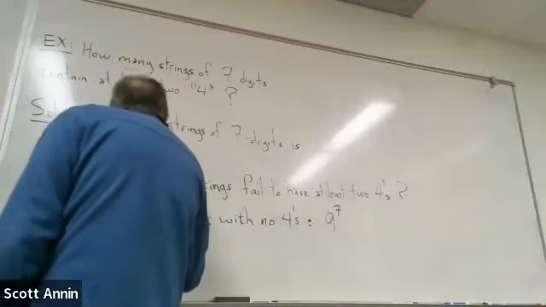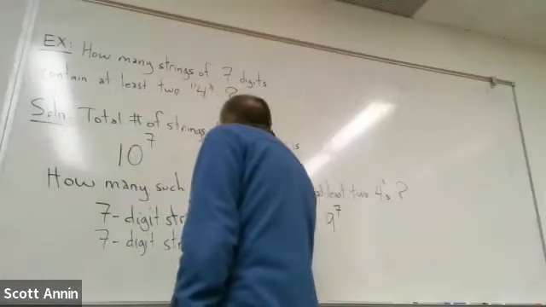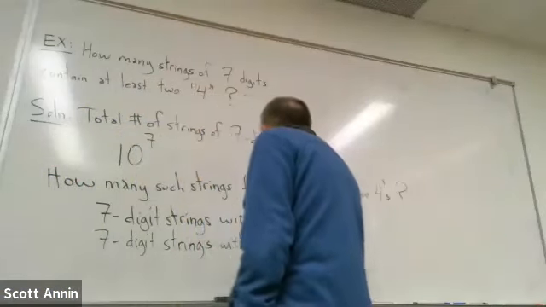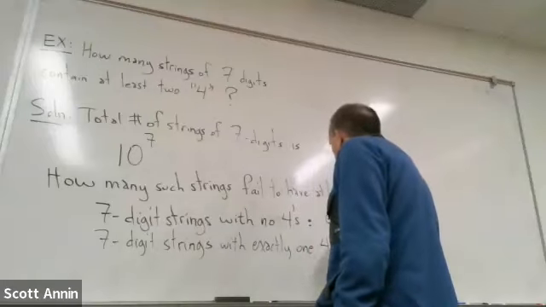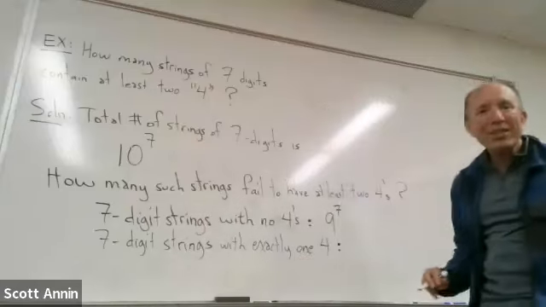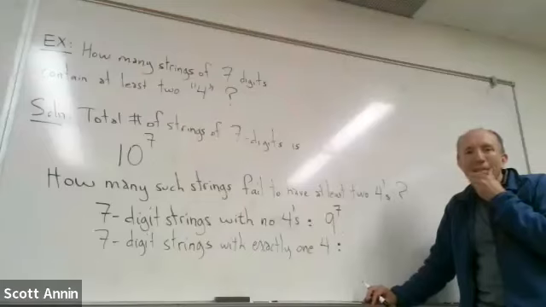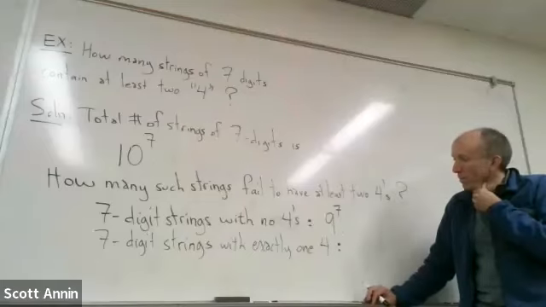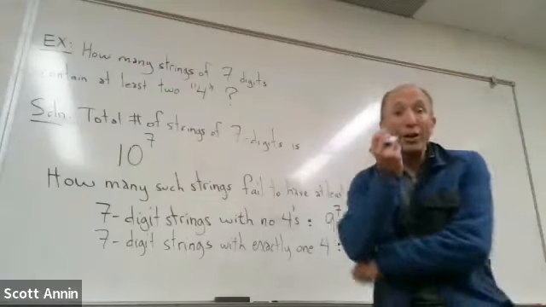What about 7-digit strings with exactly 1 4? Again, feel free to pause. Think about it for yourself for a moment. Well, I have to have exactly 1 4 in the string.